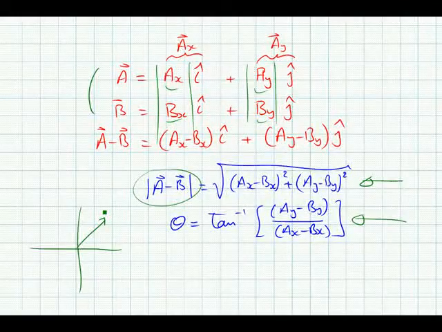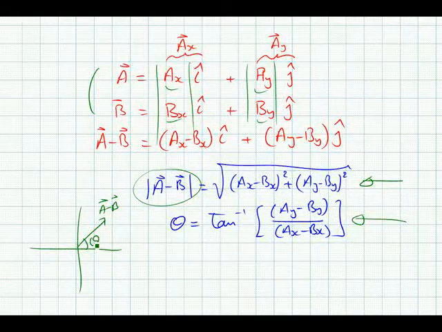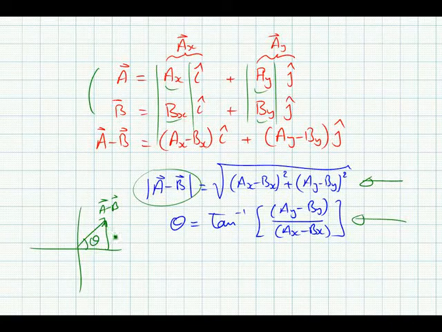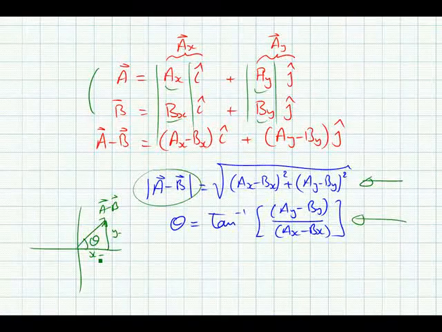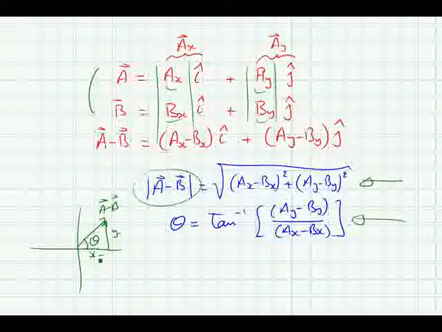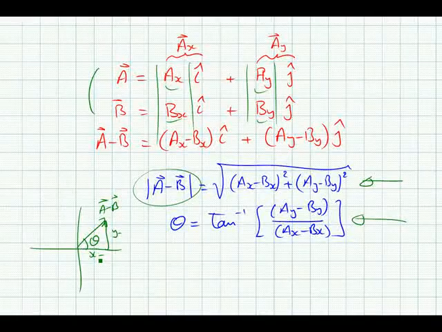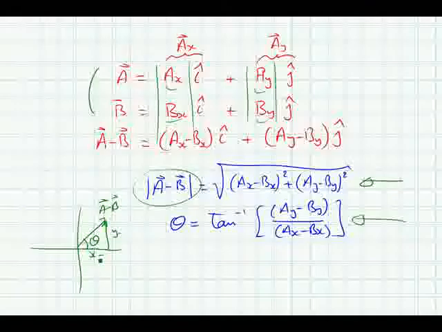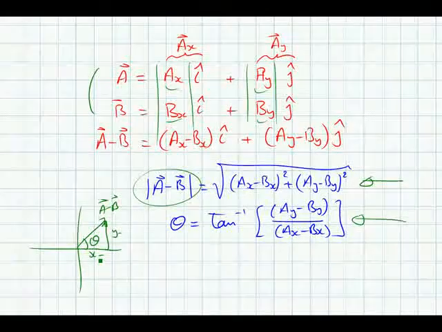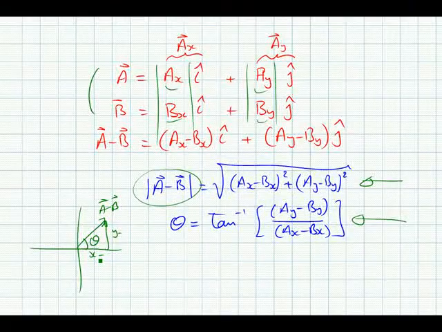So if this is the resultant vector a minus b, and let's say that's theta, this is the y component, and this is the x component, of course. So the y component divided by the x component is the tangent of angle theta. So you simply use the inverse to figure out what that angle is.